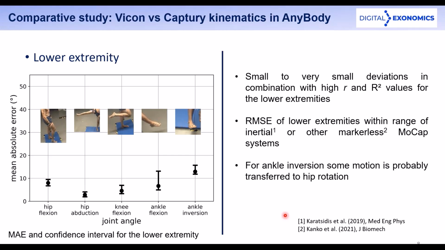And for the inversion, eversion at the ankle, we have a similar problem as with the lumbar spine and the hip joint, because again we see that some of the motion which happens at the ankle joint is transferred to the hip joint. So instead of inverting or everting the ankle, the model tries to rotate the entire leg around the hip joint.